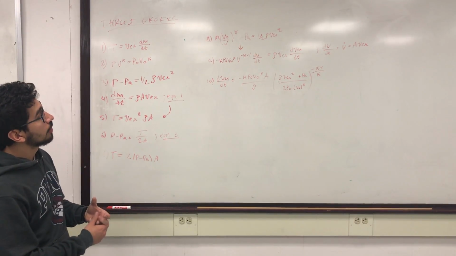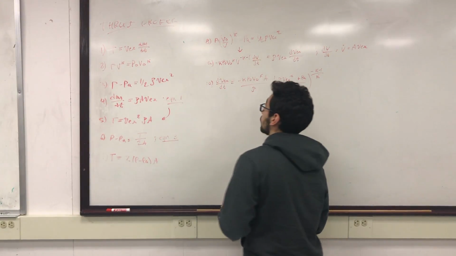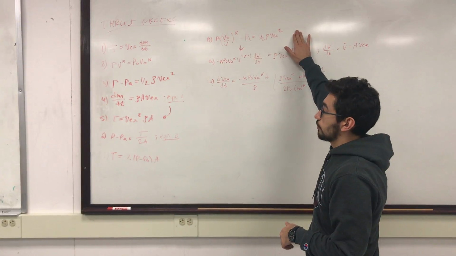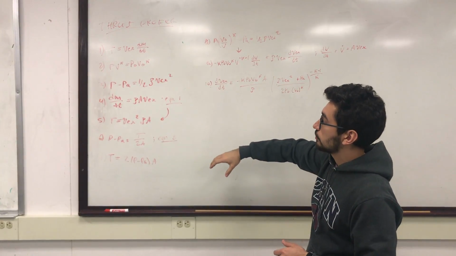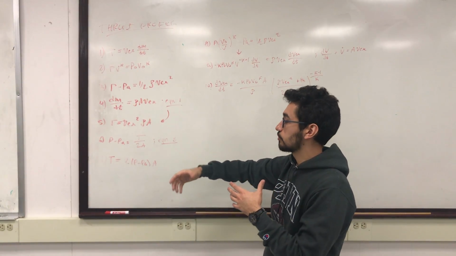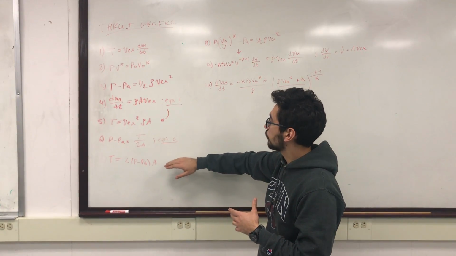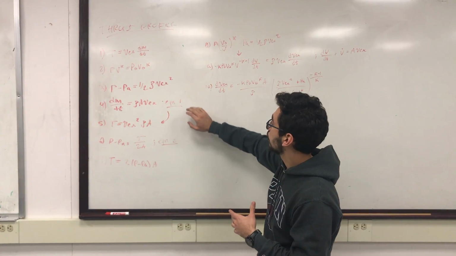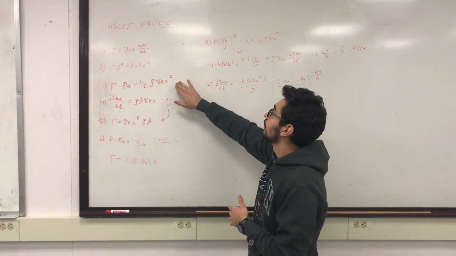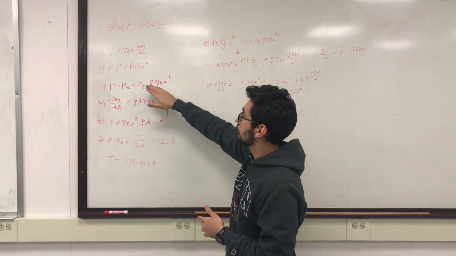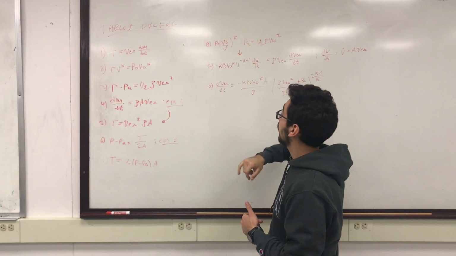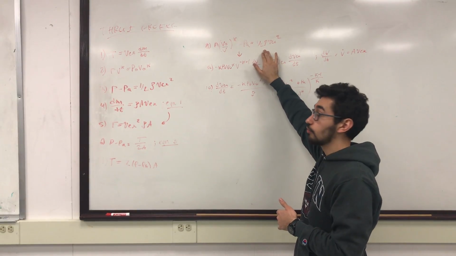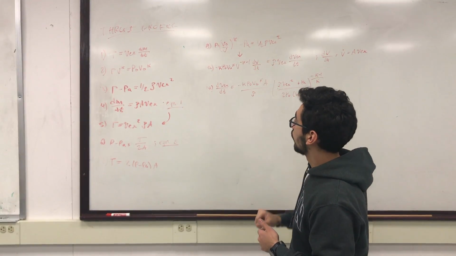Then from there, we made some substitutions in equation 3. So we said that P is equal to P_0 V_0^K over V^K, minus P_A is equal to 1/2 rho nozzle velocity squared.